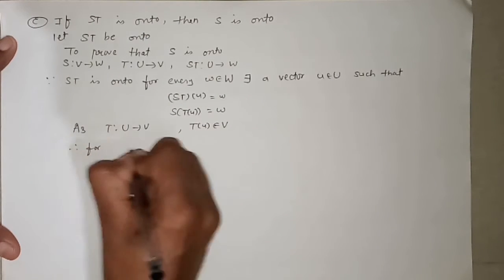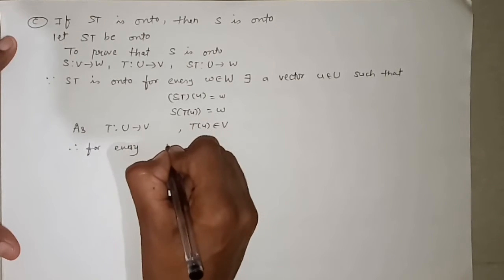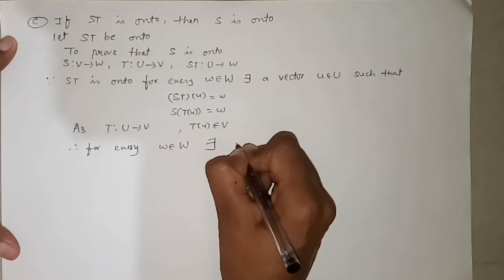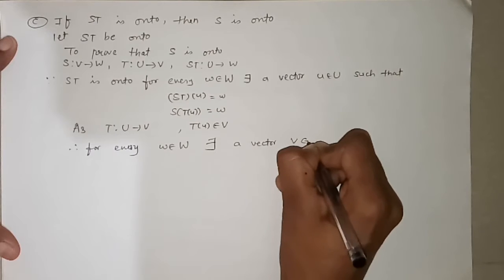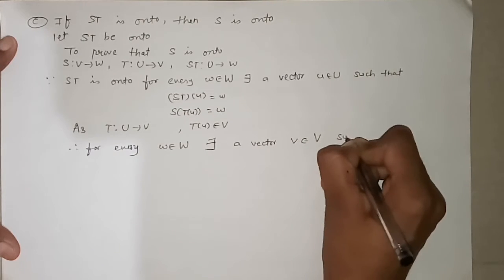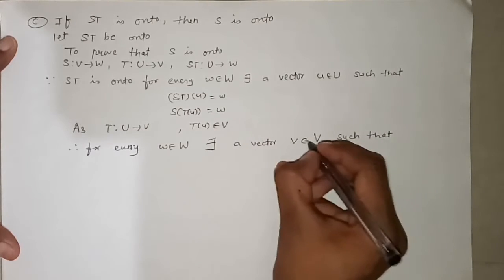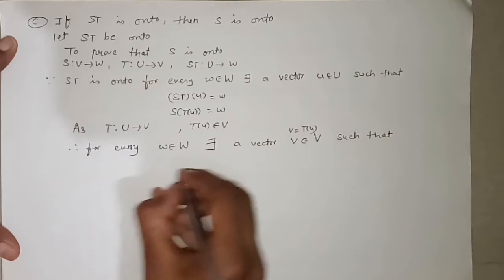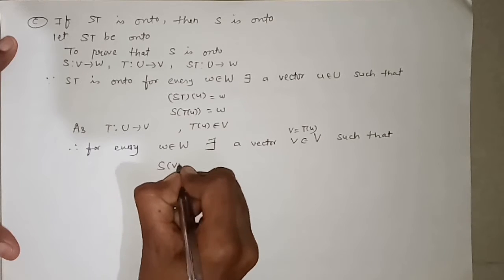Therefore, for every w belongs to W, there exists a vector v belongs to V such that, or we can write this v is nothing but T of u, such that from here we can write this S of v.